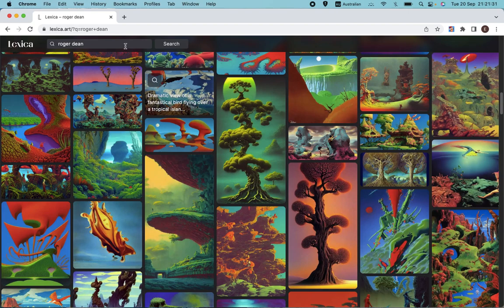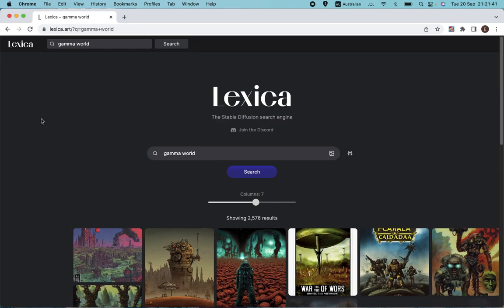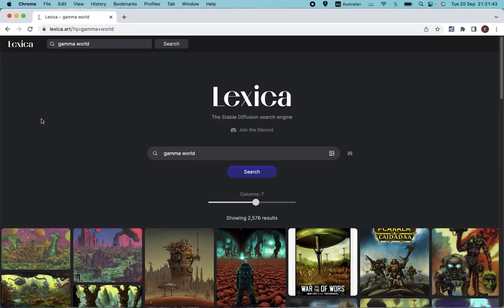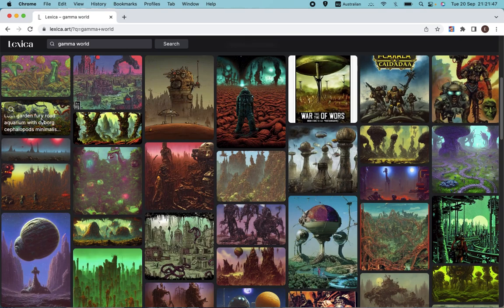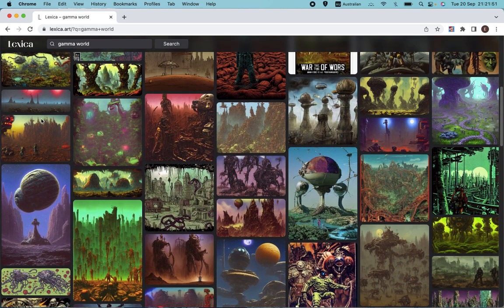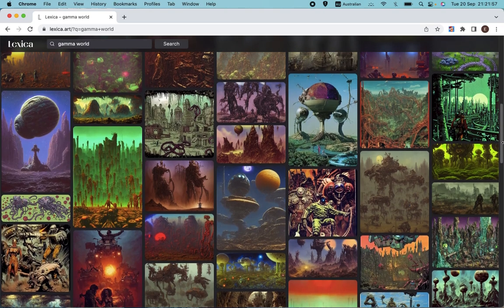The second term is Gamma World. G-A-M-M-A-W-O-R-L-D, Gamma World. Now, Gamma World was a tabletop role-playing game originally put out by TSR, the people who were putting out Dungeons and Dragons at the time.